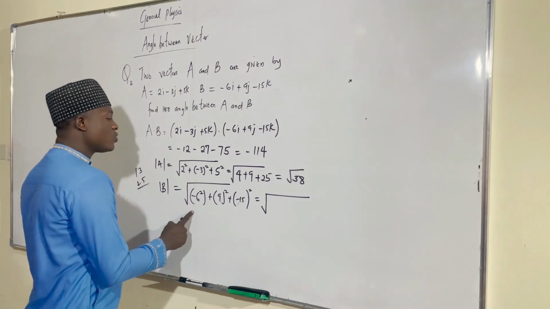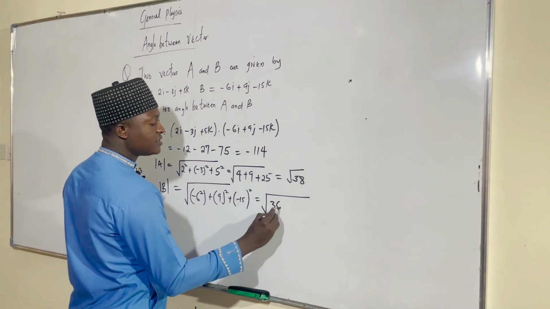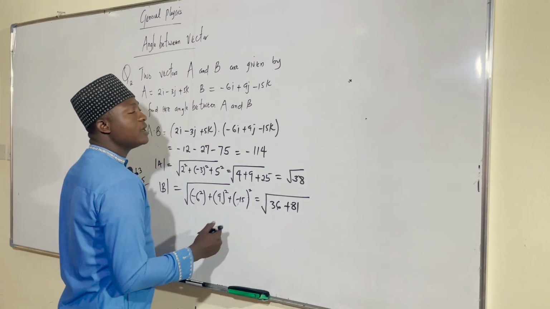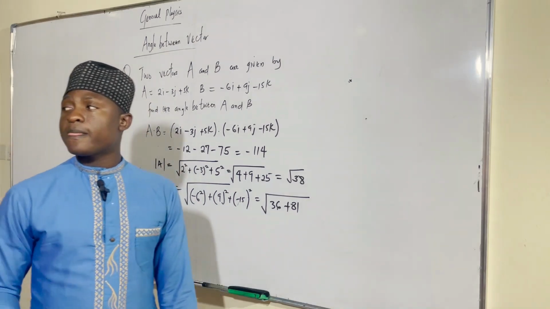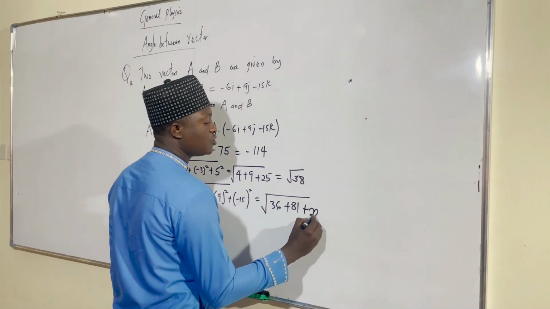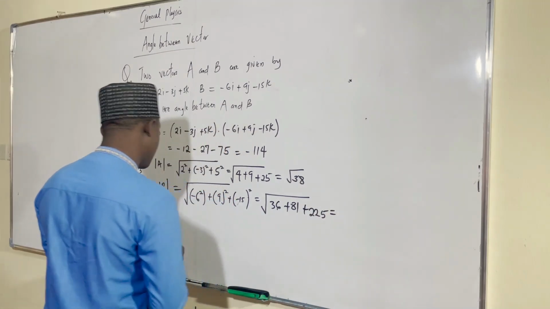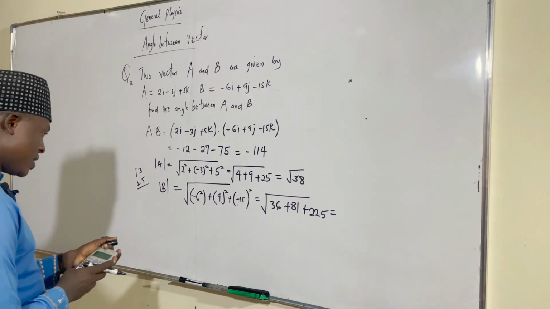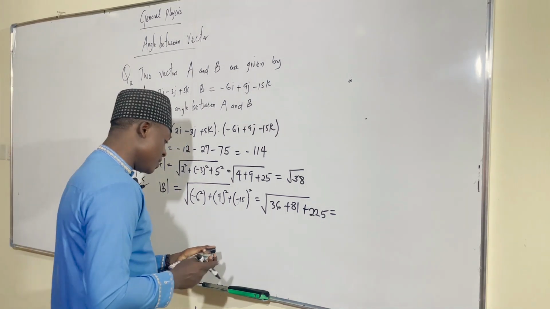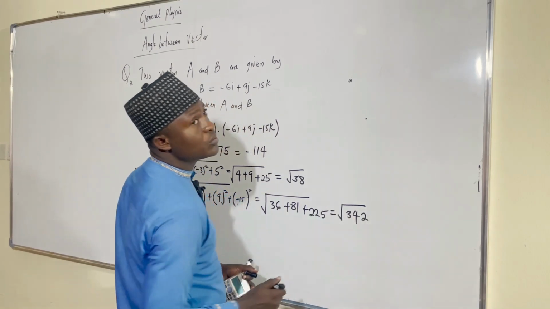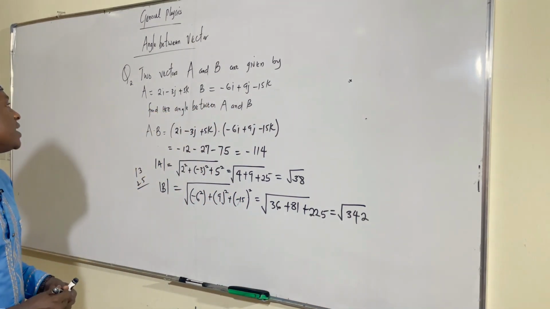So minus 6 squared, we are going to have 36. Then 9 squared, we are going to have 81. Minus 15 squared, meaning minus 15 times minus 15, and definitely we are going to have 225. Plus 81 plus 36. All we have is the square root of 342. So I've gotten all the data needed.